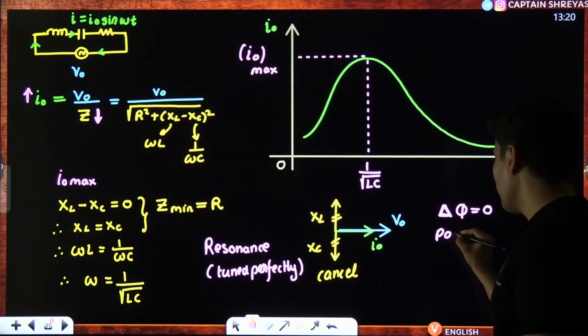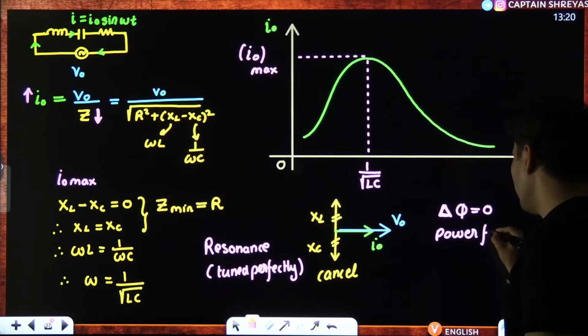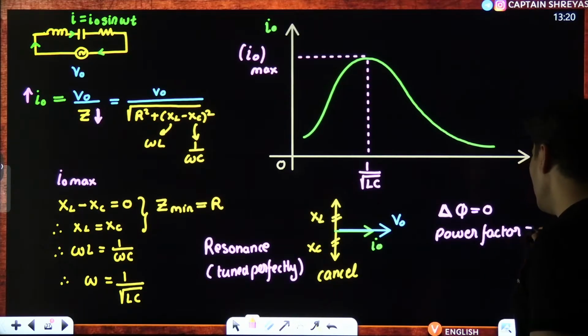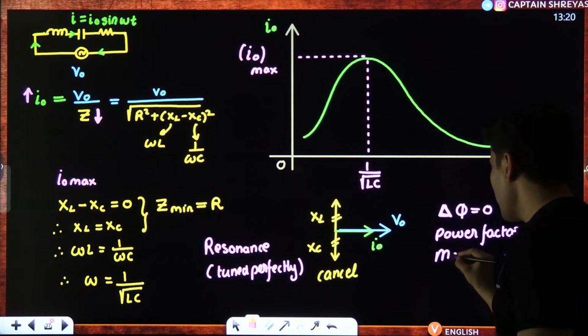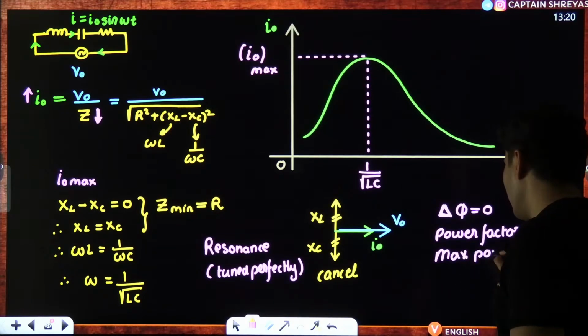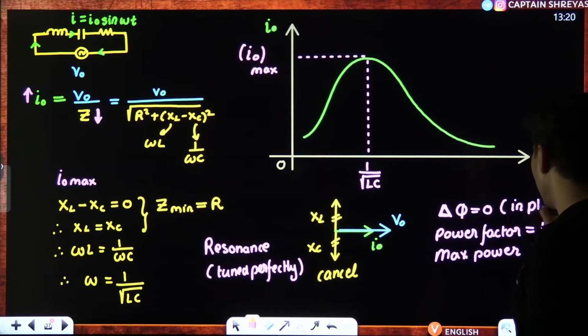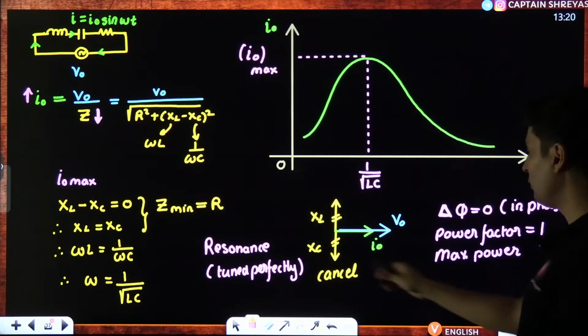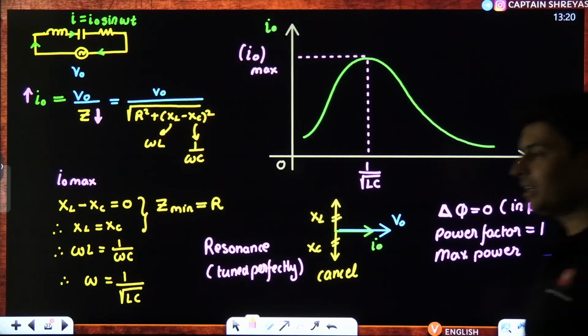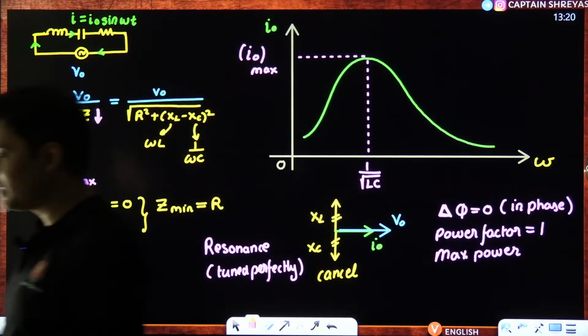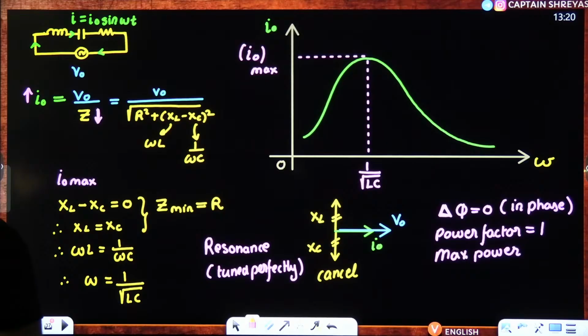The power factor is going to be 1. This will be the maximum power condition. Delta phi is 0, that means it is in phase. The voltage and the current are going to be in phase. All these things happen together. Is this clear, everyone?